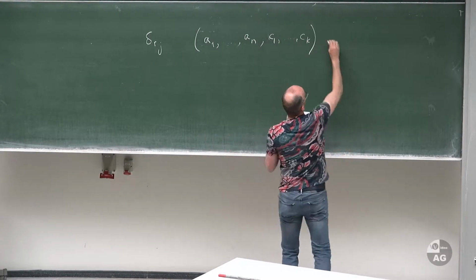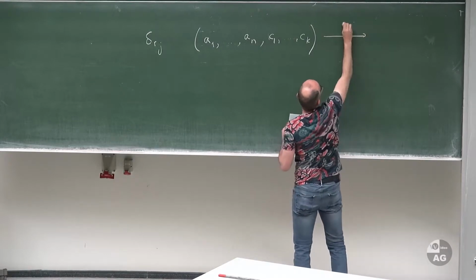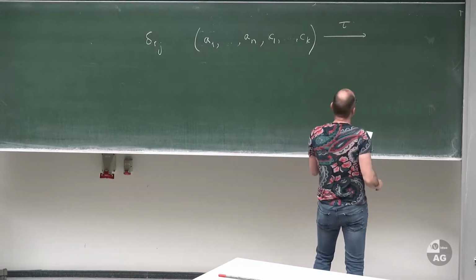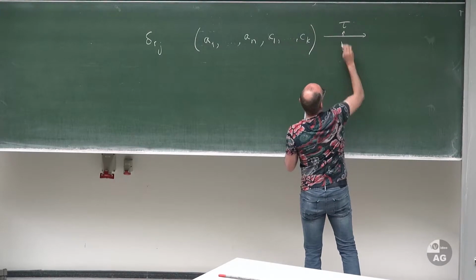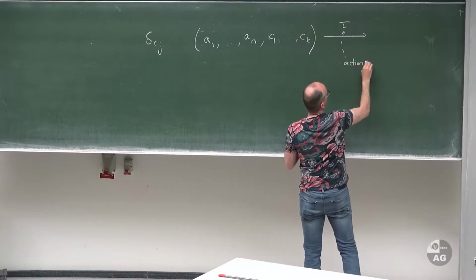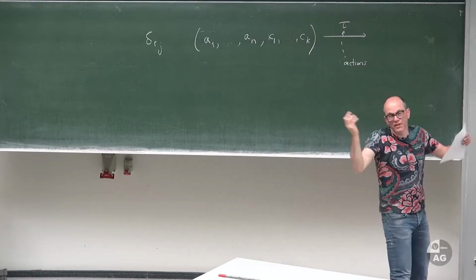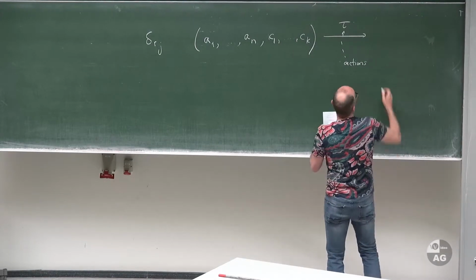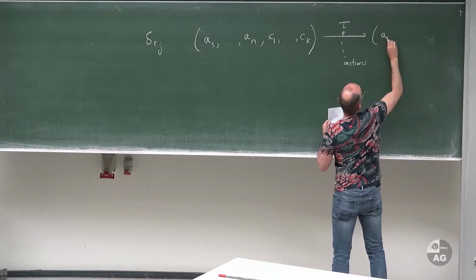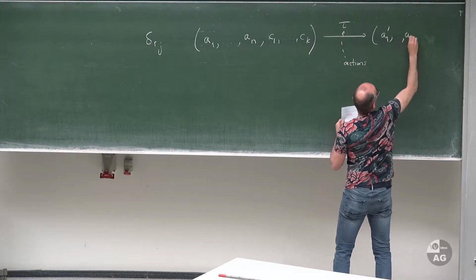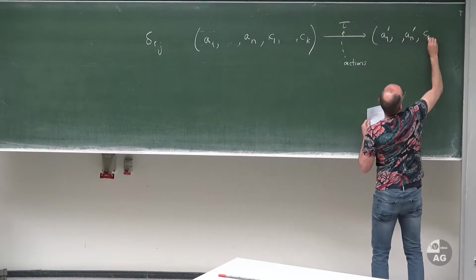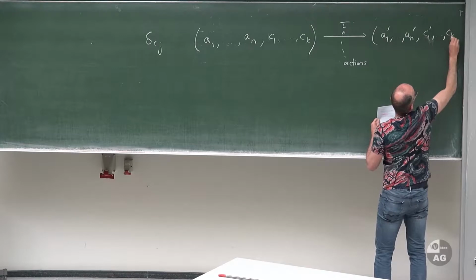This moves by some transition. Let's call this a Tor transition. That's my action. As the actions do not play any important role here, I just take an arbitrary symbol. And then we move to a new state, which will be A1 prime up to An prime and C1 prime up to Ck prime.